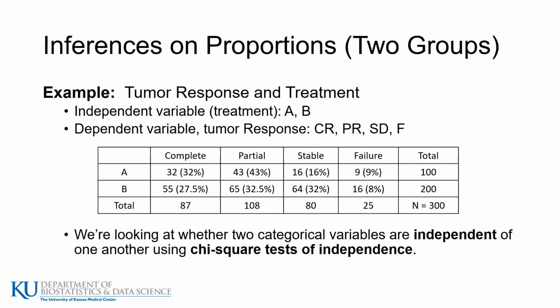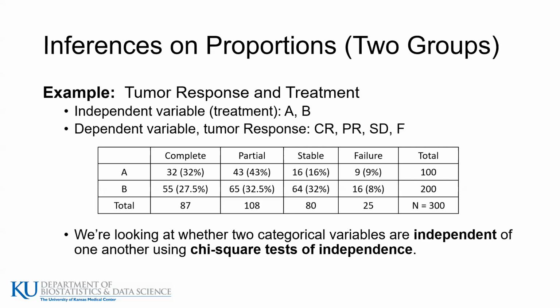To give an example, we're looking at a study where our independent variable is some treatment, and the tumor response is our outcome variable. Our outcome variable can vary. It could be either a complete tumor response, partial response, stable response, or a failure.